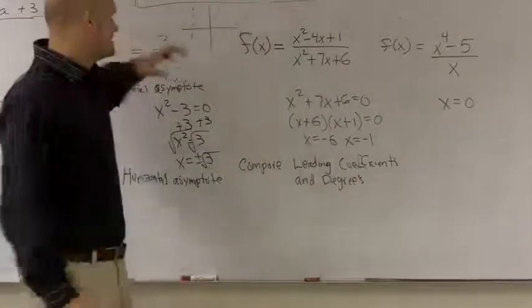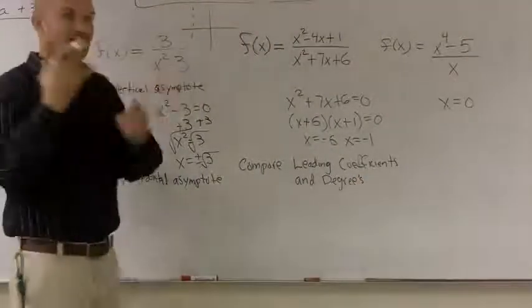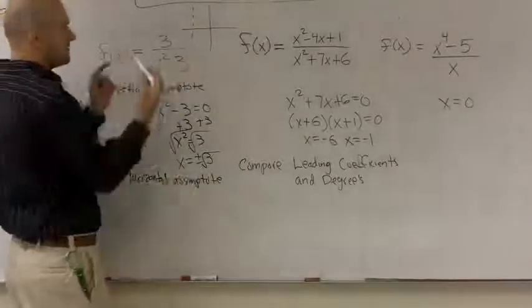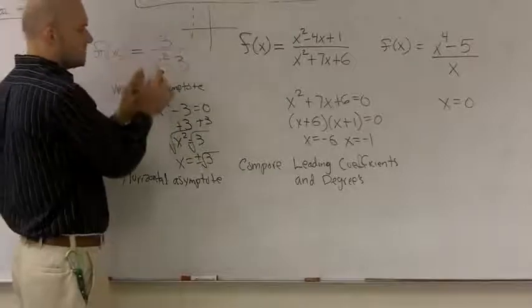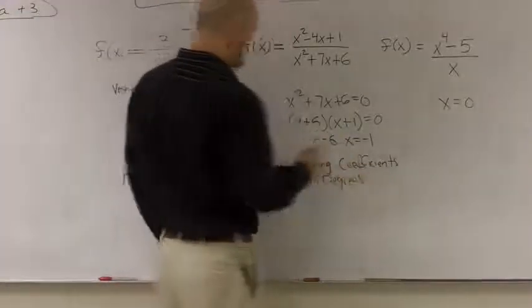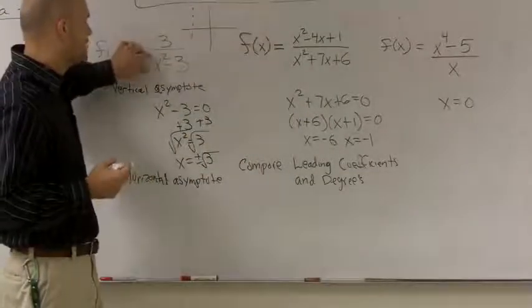When you look at each one of these problems, we need to look at the leading coefficient and the degree of the leading term of each polynomial, the one on top and the one on the bottom.